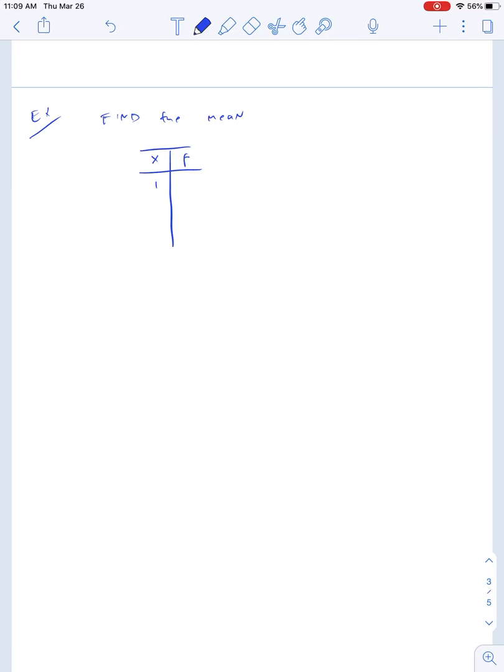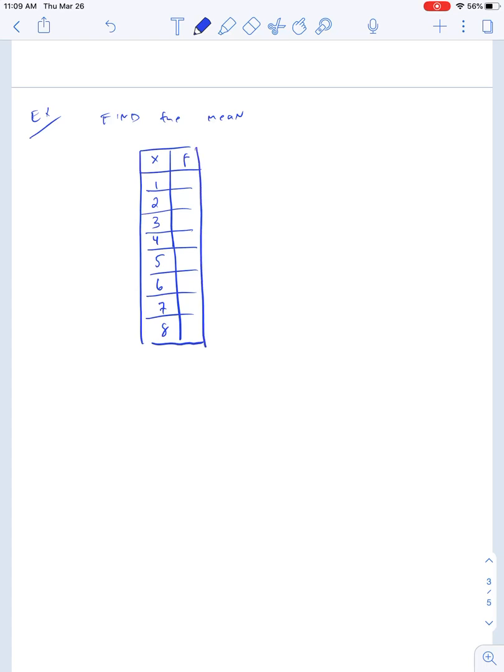We have 1 through 8 as our data items, and our frequencies are 1, 3, 4, 4, 6, 5, 3, and 2.